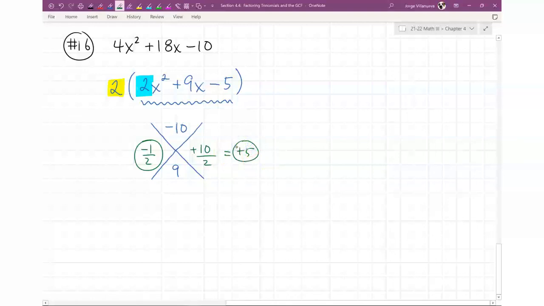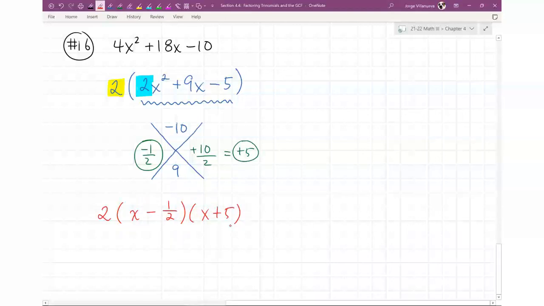Now we're done. Now we just got to write it out, but if we have any fractions, we got to do the bottom part and move it up, right? The bottom's up, so here we go. I have a 2 on the outside. Don't forget about that 2, the one that I highlighted in yellow. And then this is going to be x minus half, x plus 5.